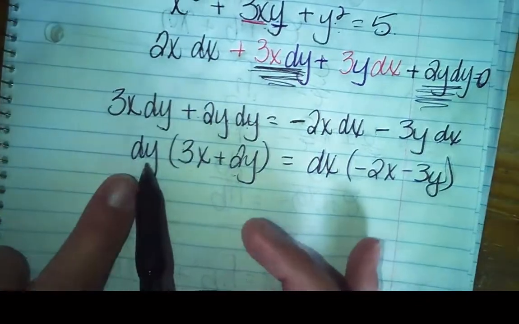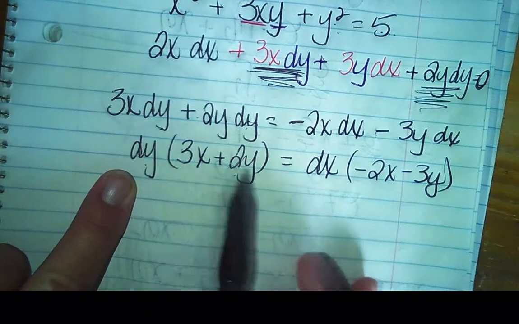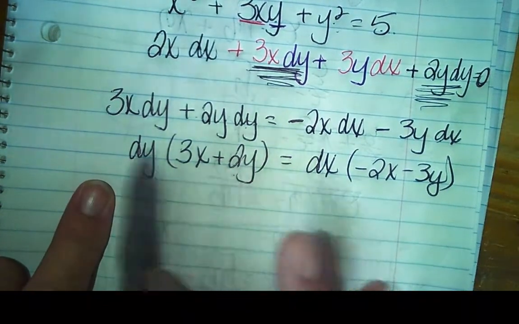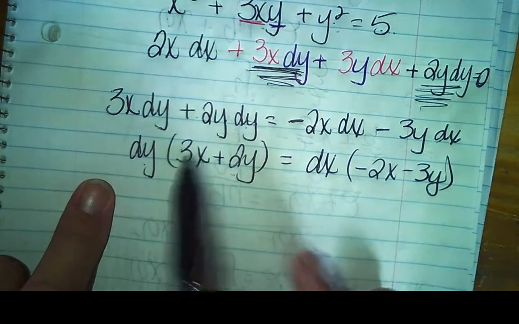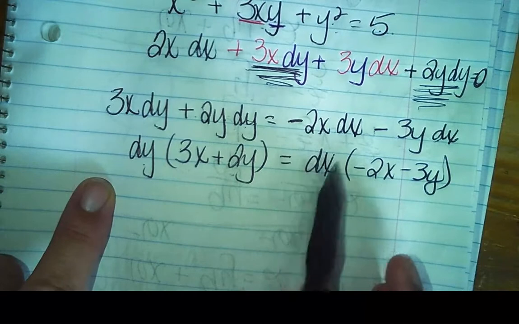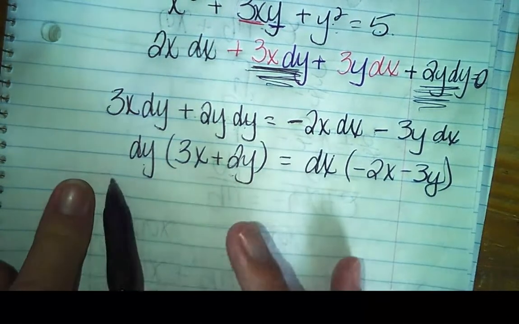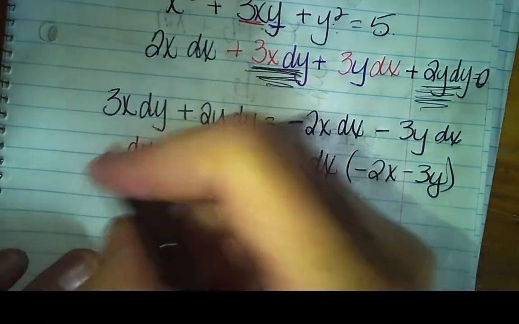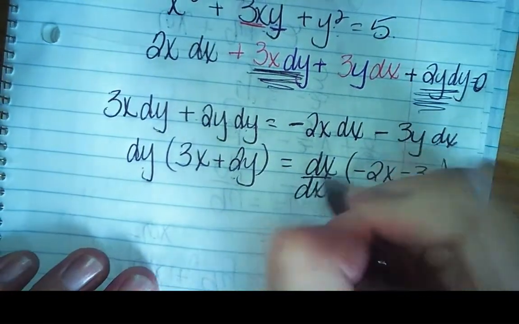So I need to get dy by itself, so I'm going to divide this off. So this was in the numerator on the left, it will become the denominator on the right. So divide both sides by dx.